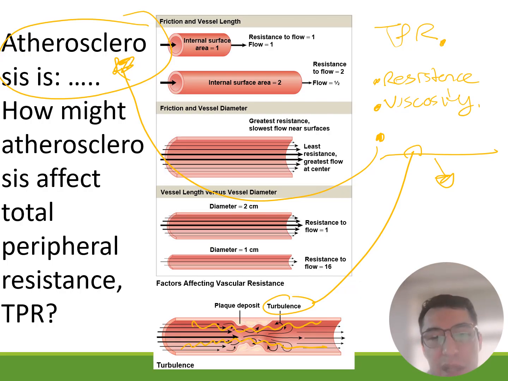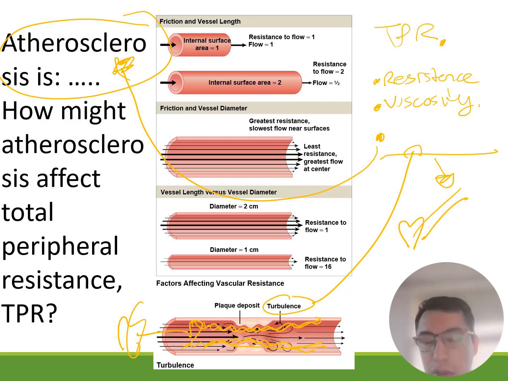So we have blood flow, and it is becoming more turbulent, not as smooth, so it is increasing the force that the heart has to push against. How does atherosclerosis affect total peripheral resistance? If we have more atherosclerosis in the body, we are increasing total peripheral resistance. That means your heart is working harder to push against that total peripheral resistance.